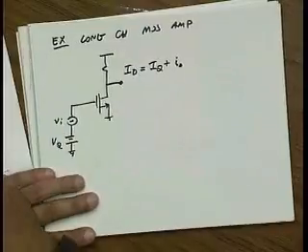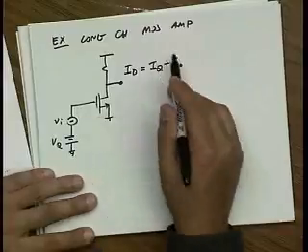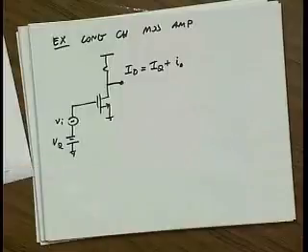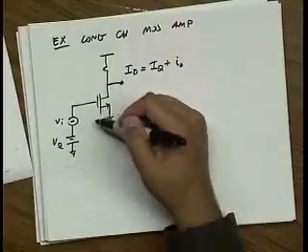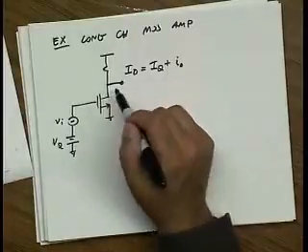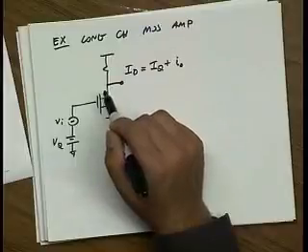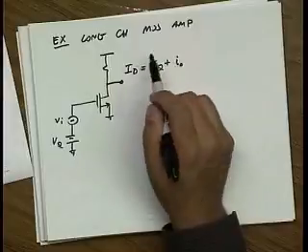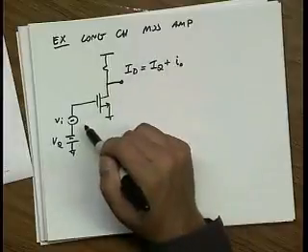Now something interesting that comes up right away is the concept of having a quiescent point. Remember we discussed that any kind of even order distortion, like second order, generates DC bias. So what we find is that technically the output bias point varies with the input amplitude. Okay?